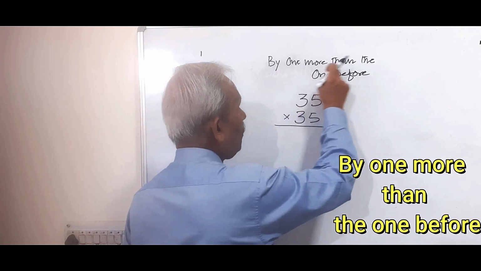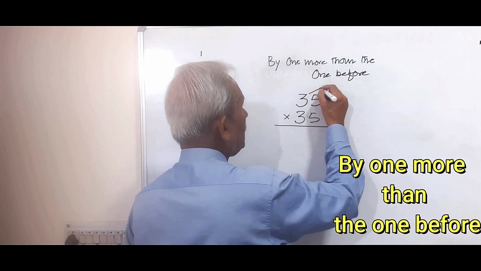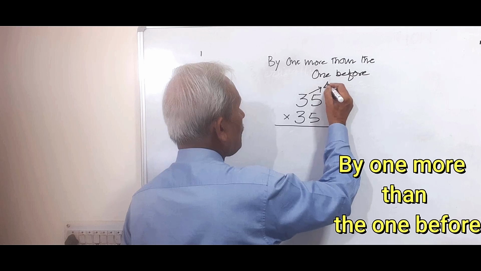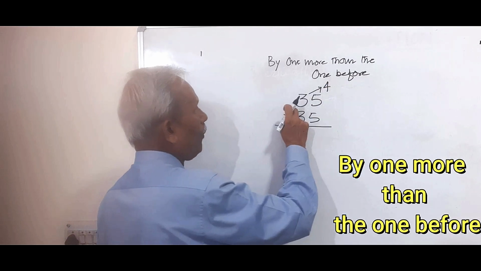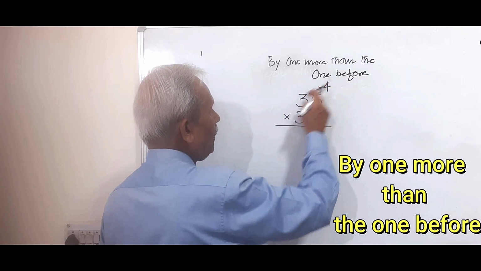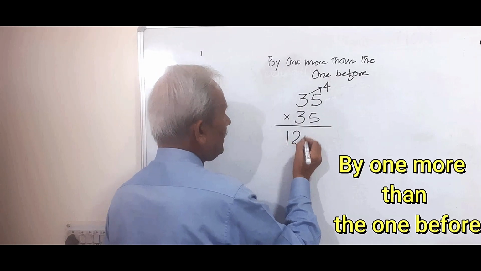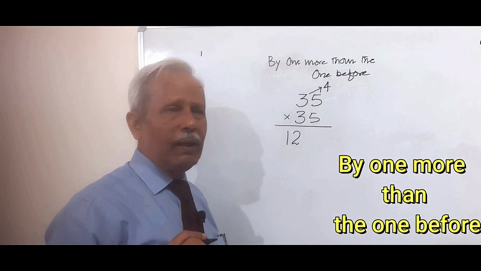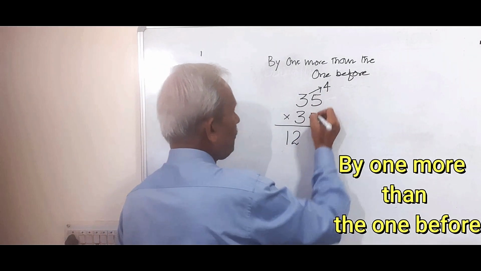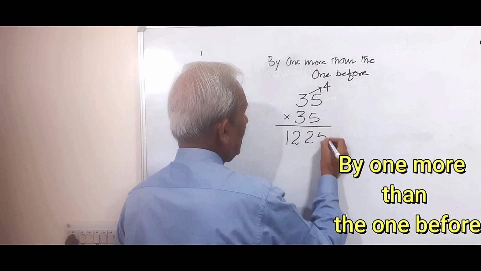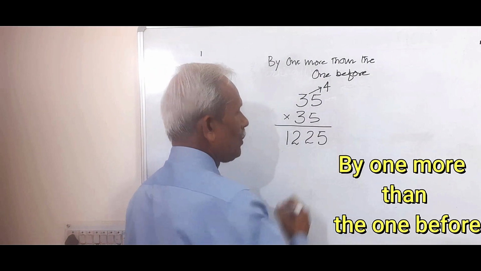And one more than 3 is what? 4. It says that by one more than the one before, you multiply this 3 with this 4 and it's 12. This much hint is enough for us to understand. 3 into 4 is 12 and 5 into 5 is 25, and here is the answer. 35 into 35 is 1225.